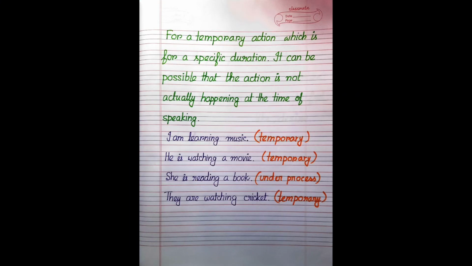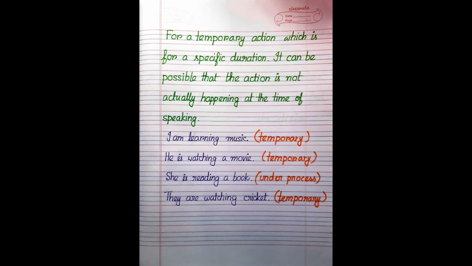Next, for a temporary action, which is for a specific duration, we can also use present continuous tense. It can be possible that the action is not actually happening at the time of speaking. That means work is under process at that time.